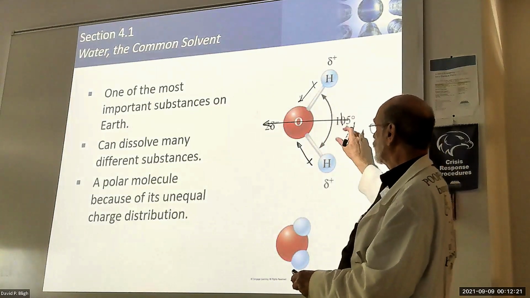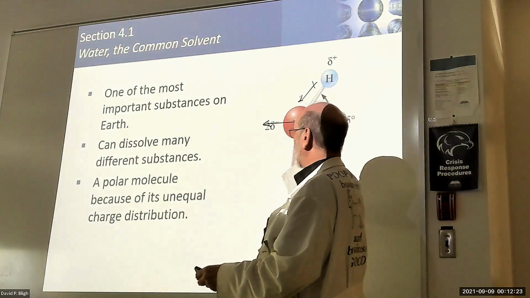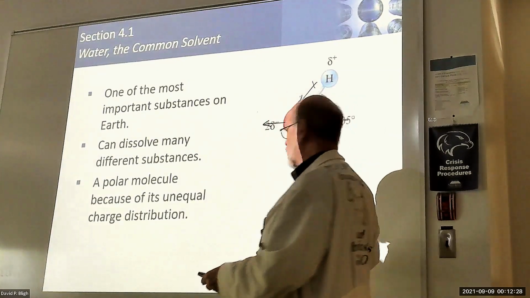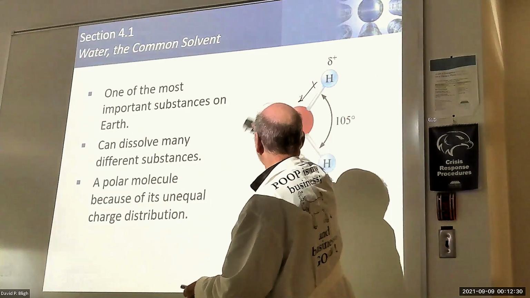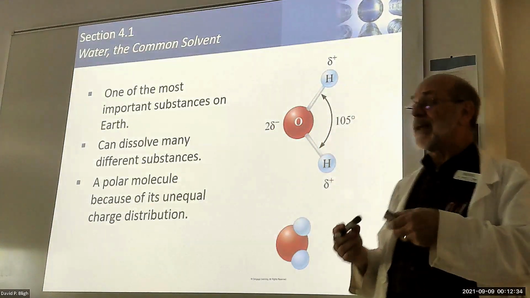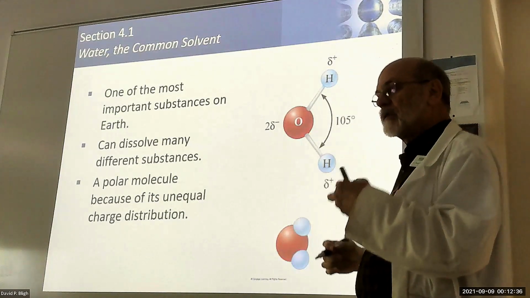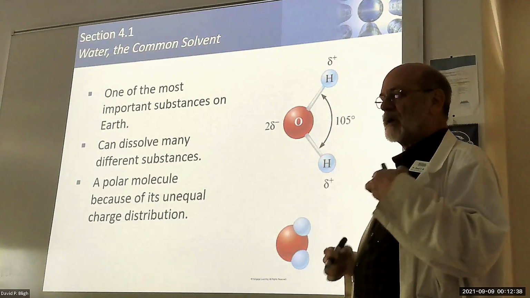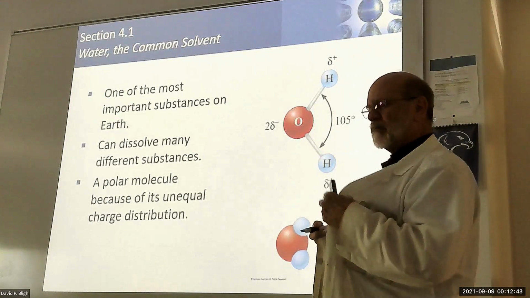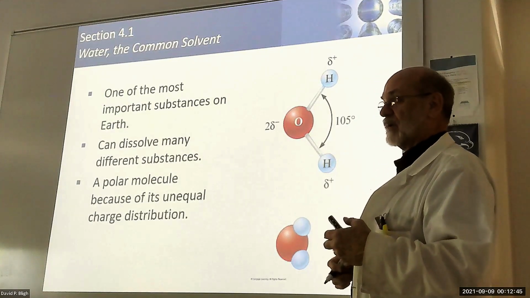So for the whole molecule, you get a slight negative on this side and a slight positive on that side. That's called a polar molecule. Its polarity explains why water dissolves ions and other polar compounds very well, but it doesn't like nonpolar compounds, like oil.